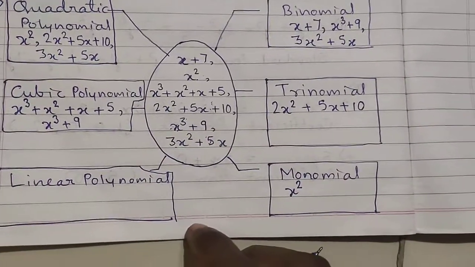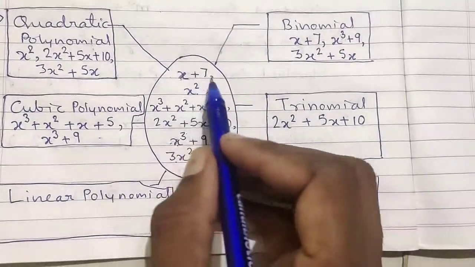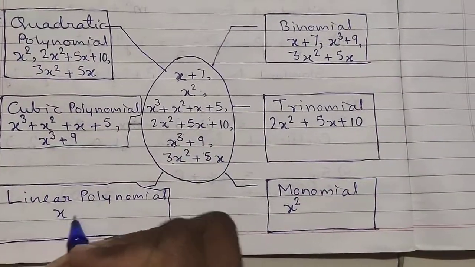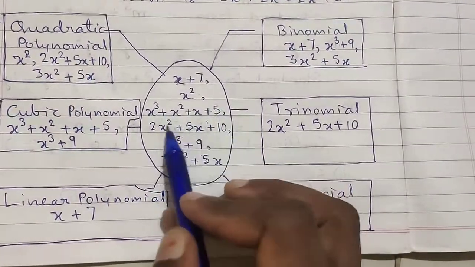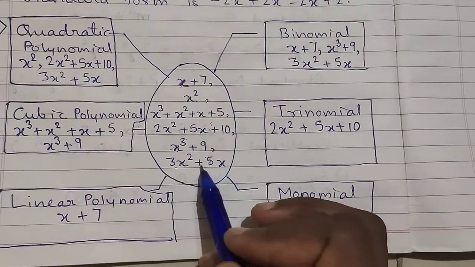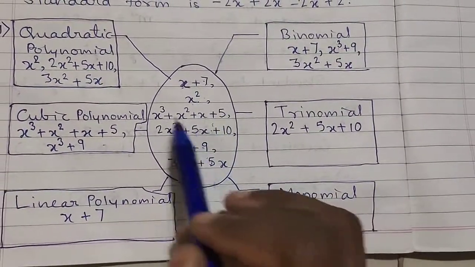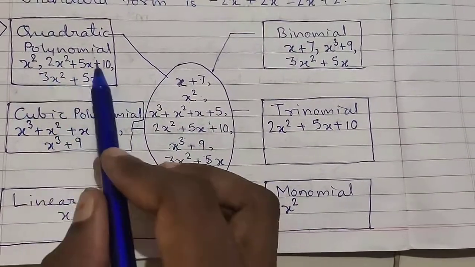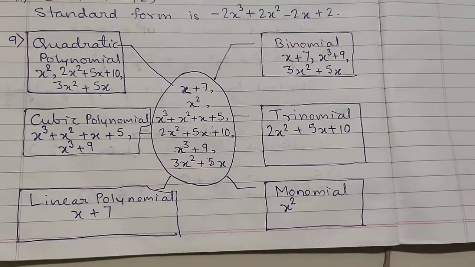Now last one is linear. So linear means what? Maximum power 1. So this is linear, x plus 7, because in that case your max power is 1. Is there any one other? No, nothing is there. So how many polynomials are there? 1 2 3 4 5 6. So in this way we have completed this.